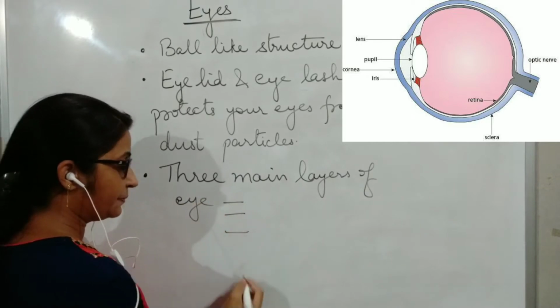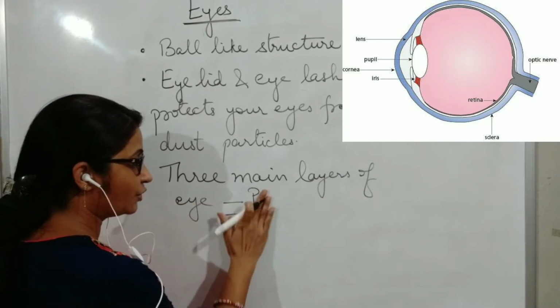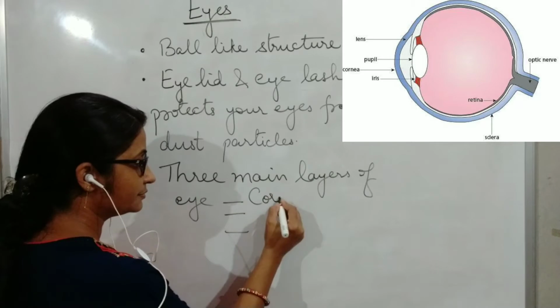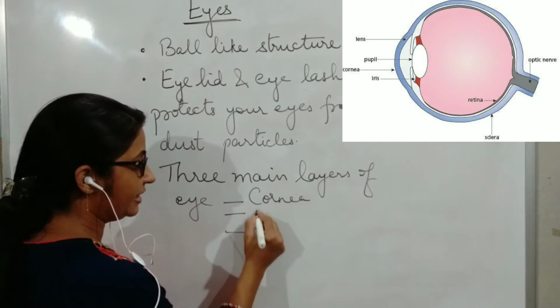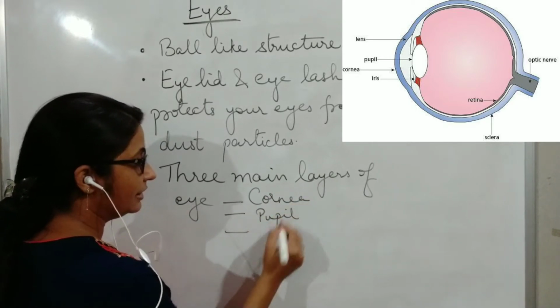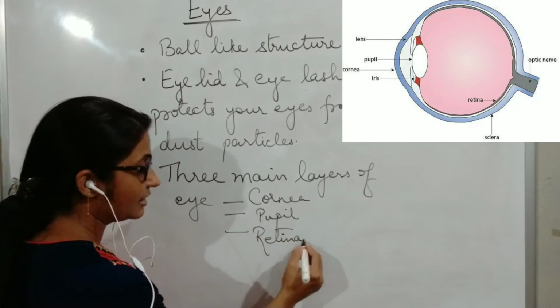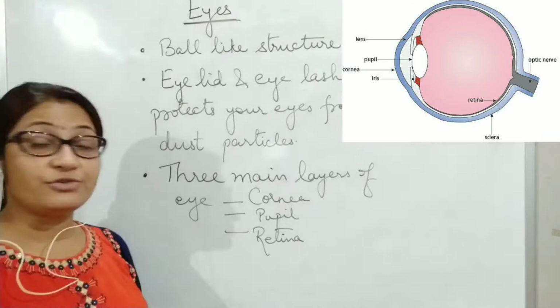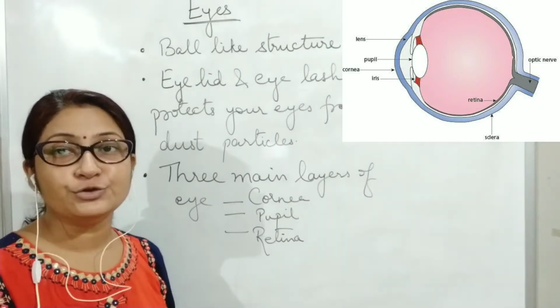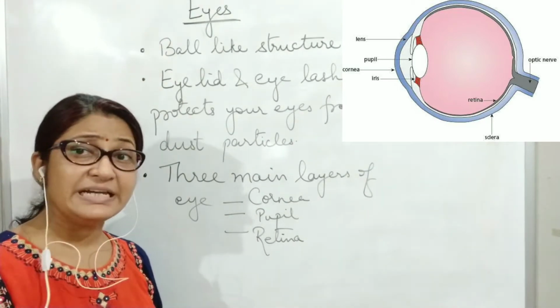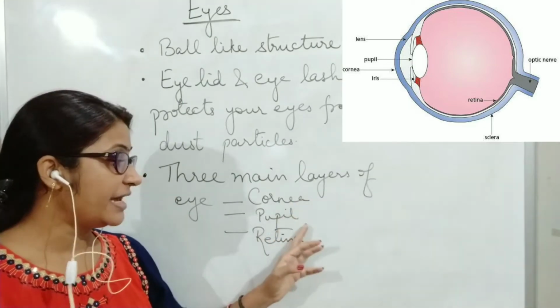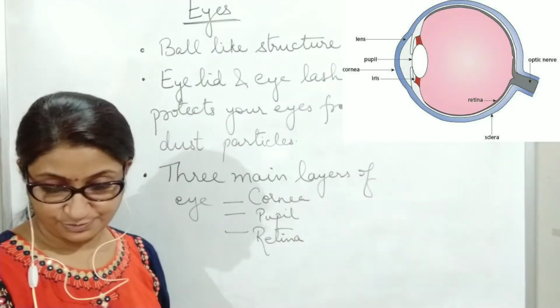What are those three? First is your cornea. Second is the pupil. And the third is the retina. These are the three main layers of a human eye. Let us see one by one what these three layers actually do.